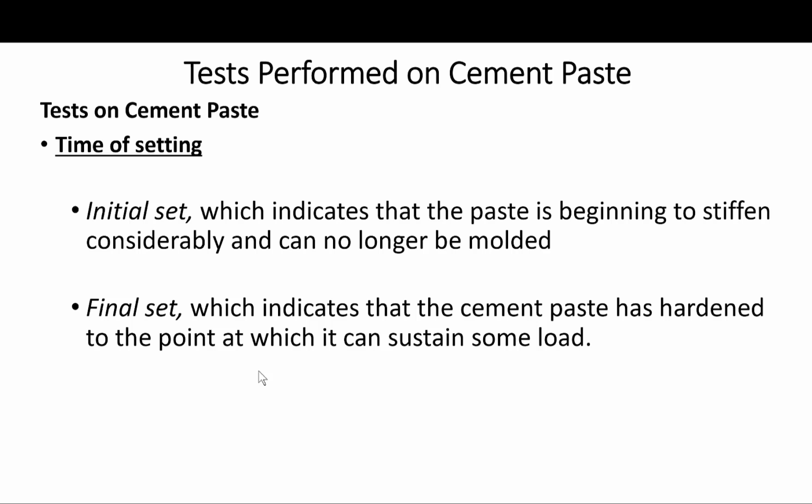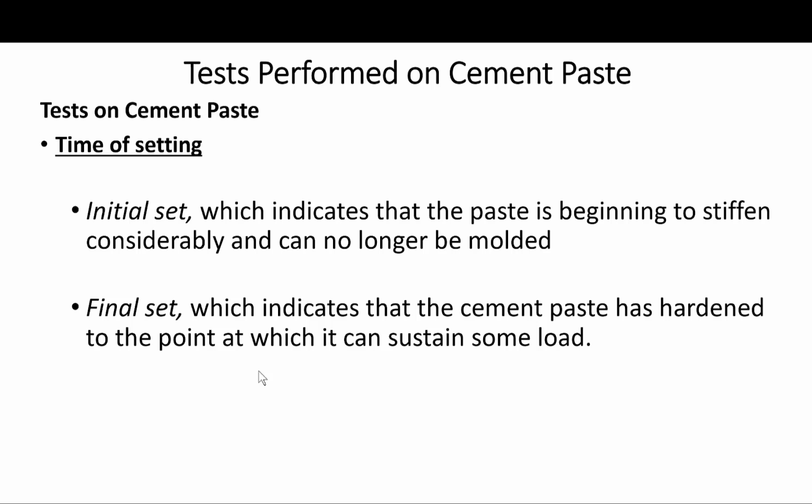And I said these are of no fundamental significance. They're just arbitrary points, as I just mentioned. These tests are used primarily for quality control. Generally, initial set occurs 2 to 4 hours and final set in 5 to 8 hours.